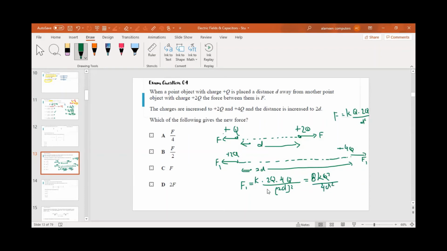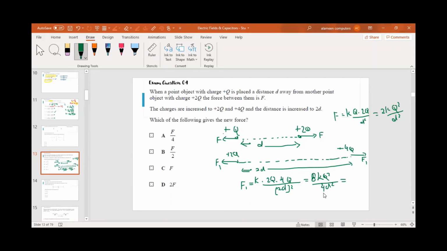Now we need to express F1 using F. So F is 2K Q squared over D squared.